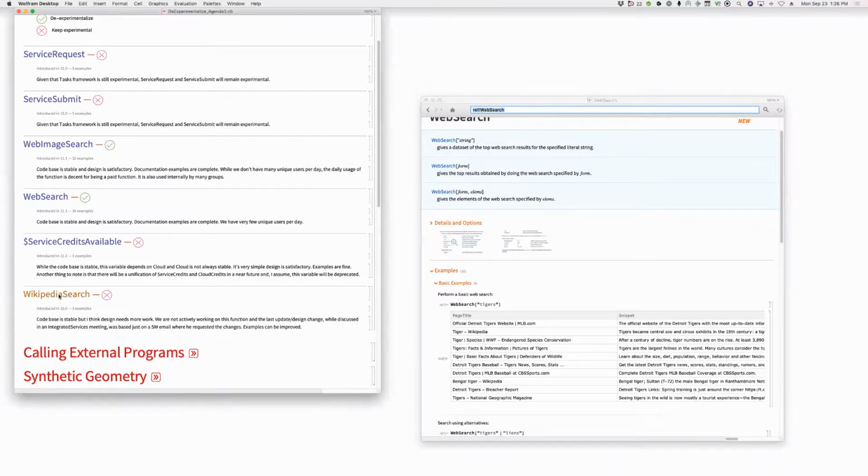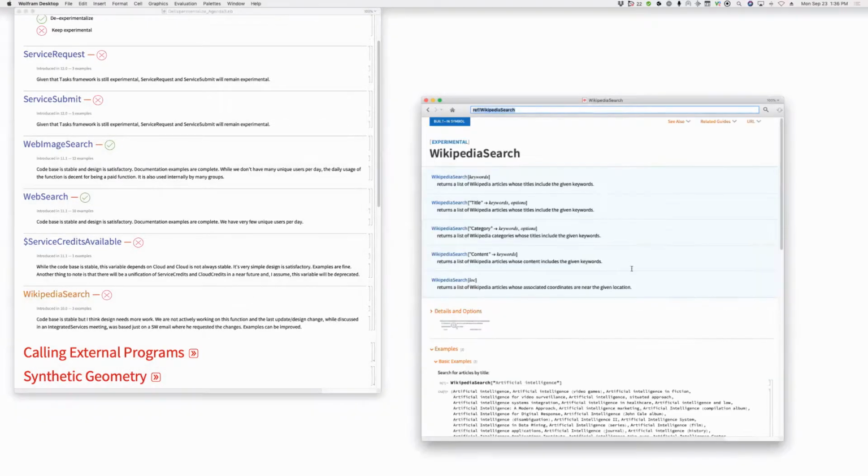Yeah, WikipediaSearch has the problem that it isn't following the design pattern of the other search functions, is it? Right. And do we have a proposed design to fix that or not? Not right now. We never worked a lot on designing this. Our attention was more focused on WikipediaData.